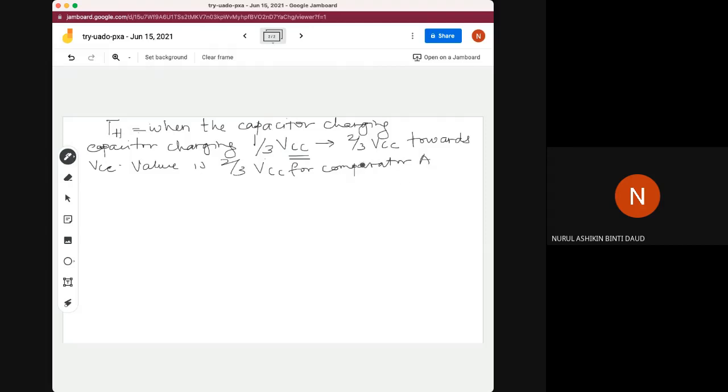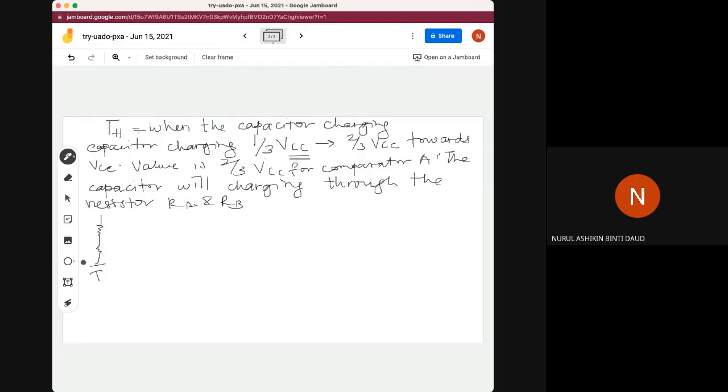If you look at the configuration again, the capacitor will be charging by passing through the resistors RA and RB, because there is an RA here and an RB, and then there is a capacitor here.